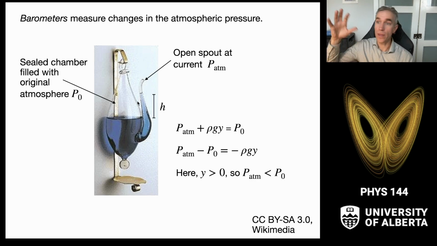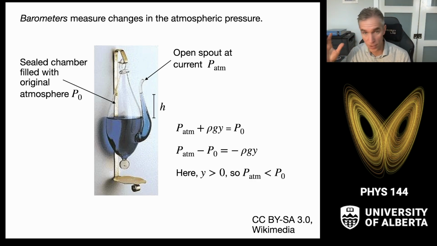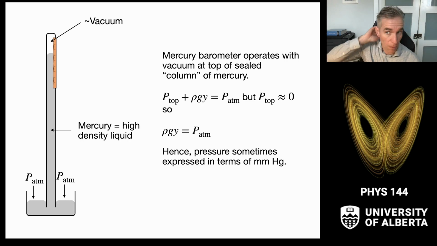And so as the weather systems go through and the atmospheric pressure changes, this fluid moves up and down. And we can just use Pascal's relationship to determine it. Another kind of barometer is a mercury barometer.